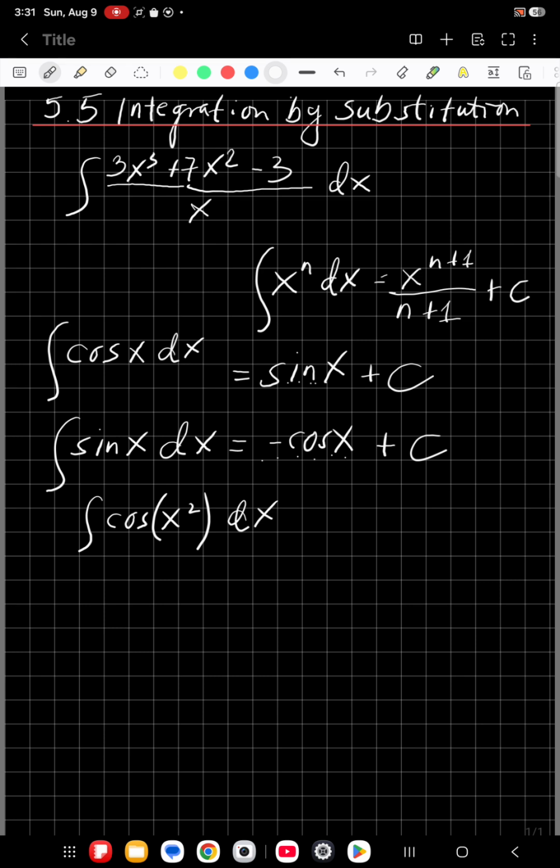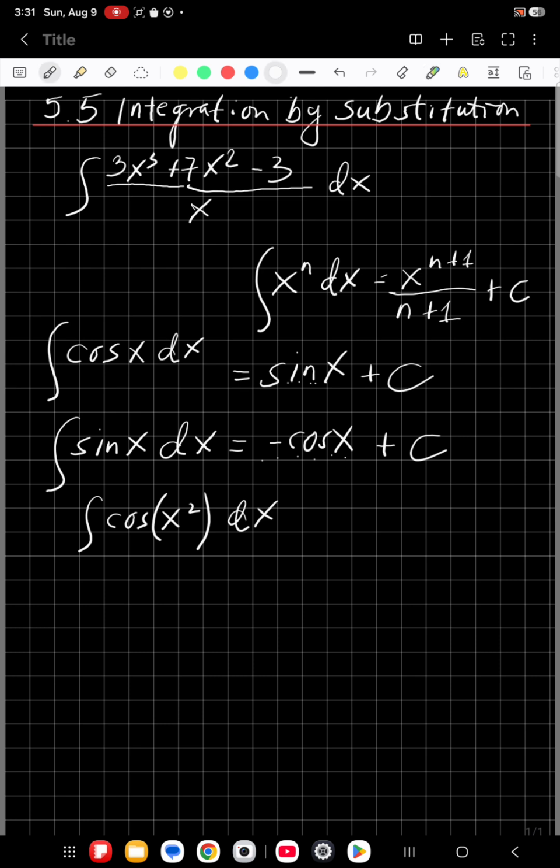I want to explain integration by substitution by looking at this particular function, cosine of x squared. I will show you how the substitution works with this example that actually will not work. Just bear with me.